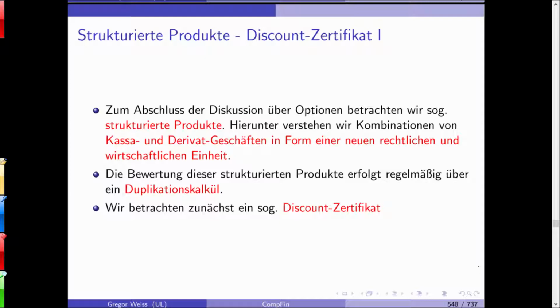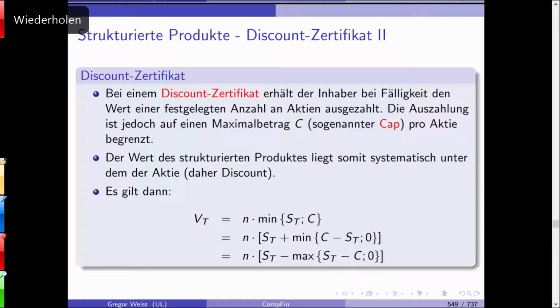I think it's more interesting to look at the discount certificates. Now, in structured products, structured finance, you're usually combining spot and derivative positions. And one example is a discount certificate. What is a discount certificate?